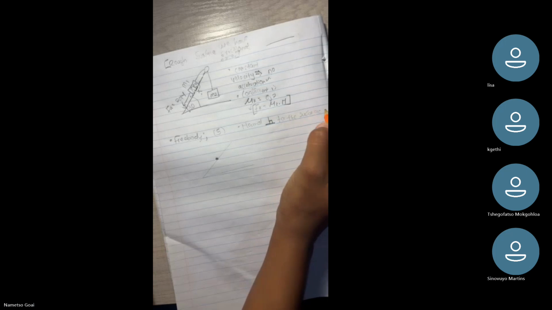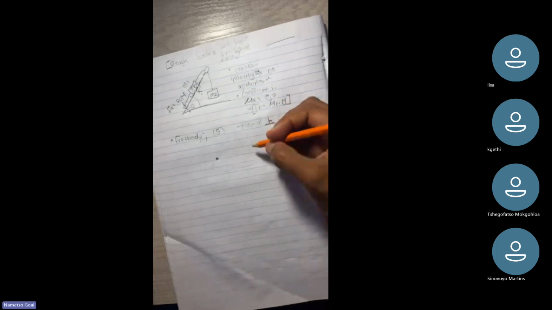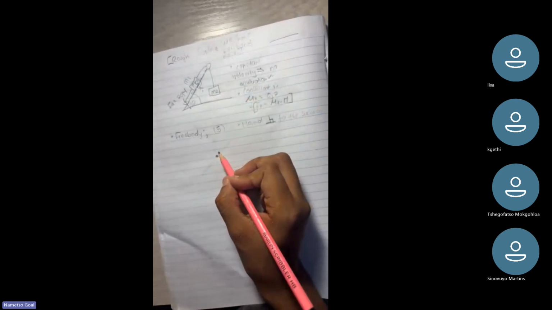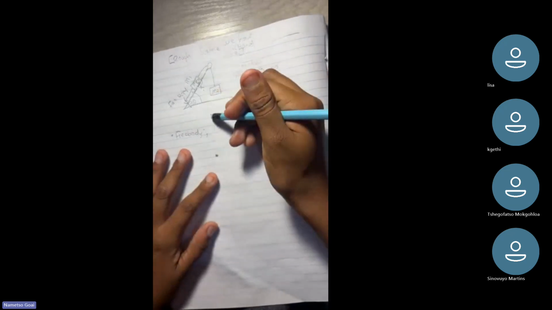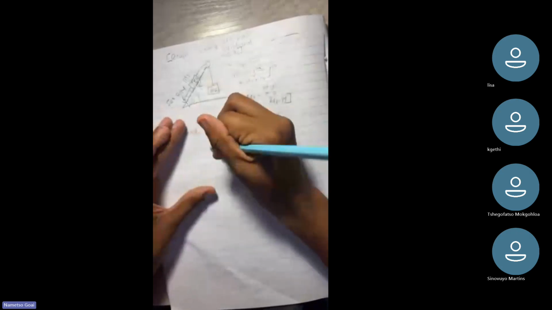If you have it on an incline, you cannot draw your normal force straight up, because that is not 90 degrees to the surface. You will be incorrect if you draw it like that on an incline. It only works on a flat surface.